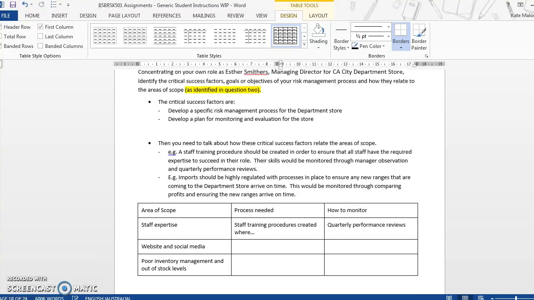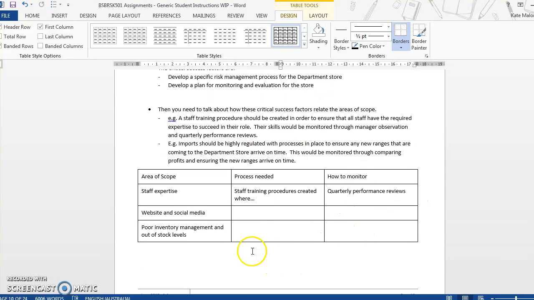So to do this, you can either write in sentences or you could input things into this table. So for instance, one of the areas of scope is staff expertise. So processes needed, maybe staff training procedures created where there's weaknesses at the moment, and how would you monitor that's happening?